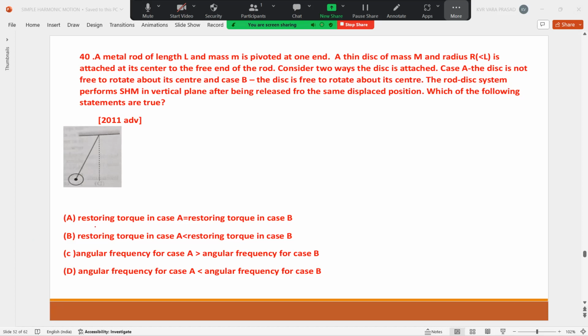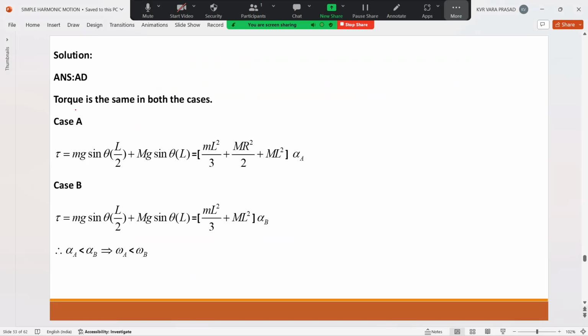Given that the restoring torque in case A is equal to the restoring torque in case B. Here we can see the restoring torque is because of the weight of the rod and the weight of the disc, and these two are not changed. So I am writing here, torque is the same in both cases. The torque is mg sin theta into L by 2.